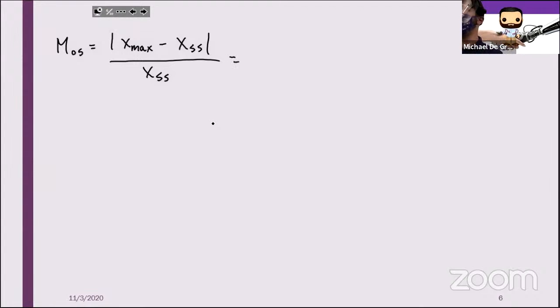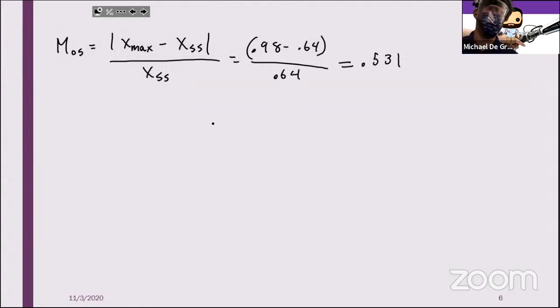So we can put this in: 0.98 minus 0.64 over 0.64, and that'll give us 0.531, or 53.1% overshoot. All right, so we've overshot steady state by a little over 50%.